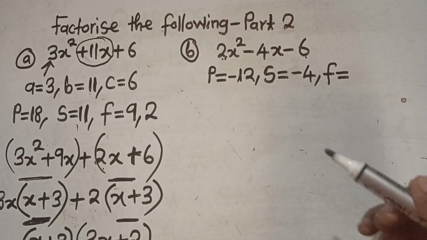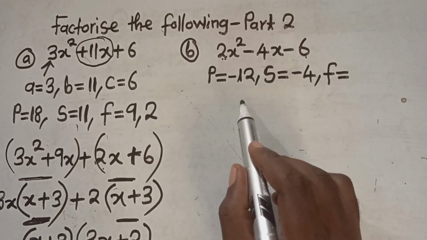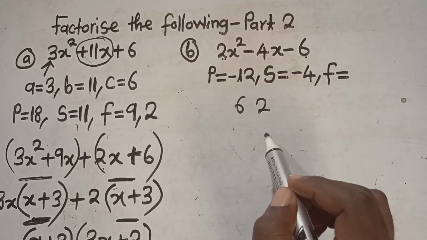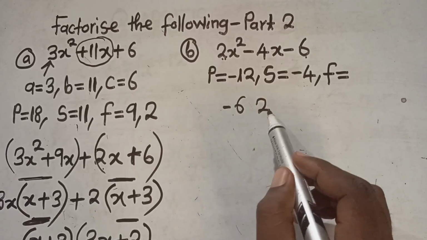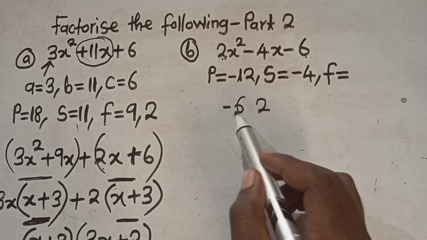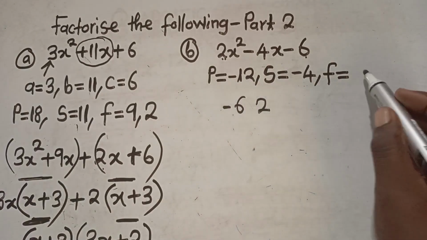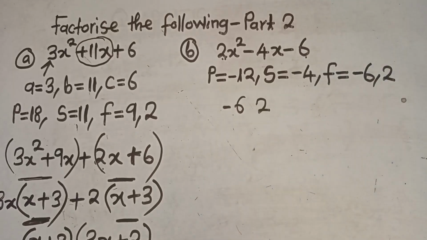I guess you are thinking, we are moving together. You say, okay, how about 6 and 2? If I put a negative here, if I multiply these two, I'm going to get -12. And if I add them, I'm going to get -4. So the factors are what? -6 and 2.